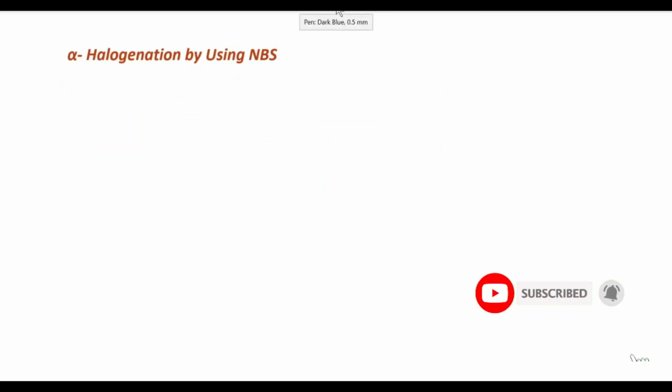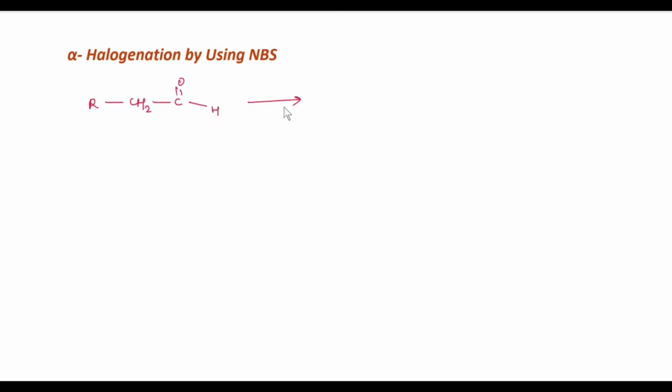By using NBS, we can carry out alpha halogenation of a carbonyl compound which has alpha hydrogen. So consider this reaction. This carbonyl compound is treated with NBS in presence of light and CCl4. We get the alpha brominated product.